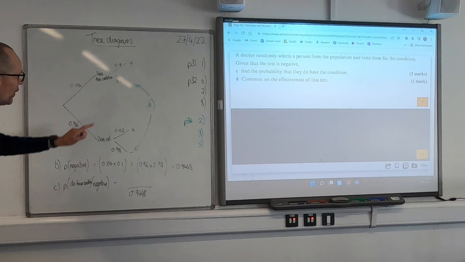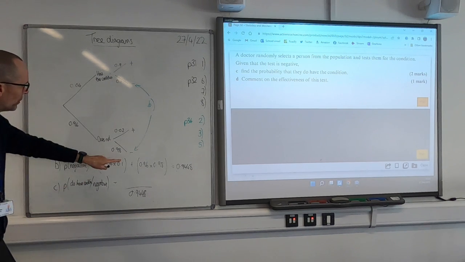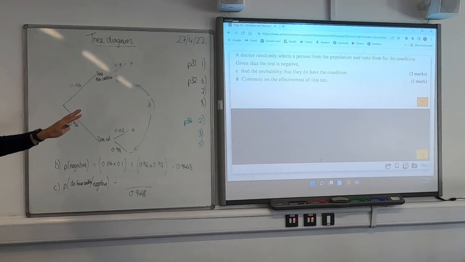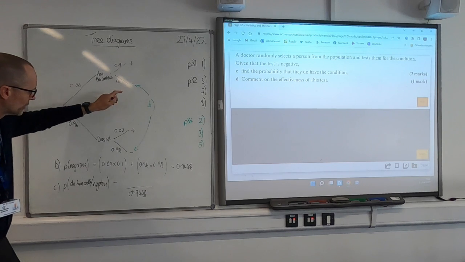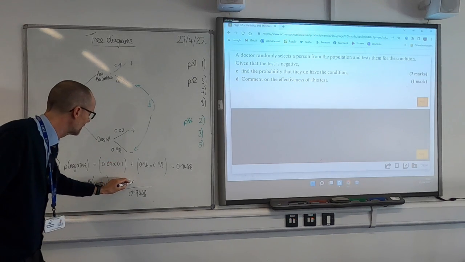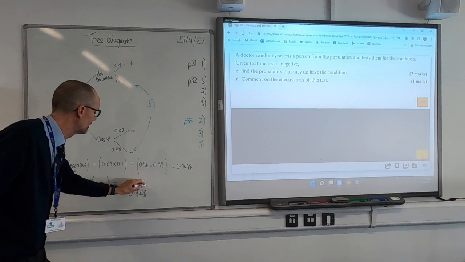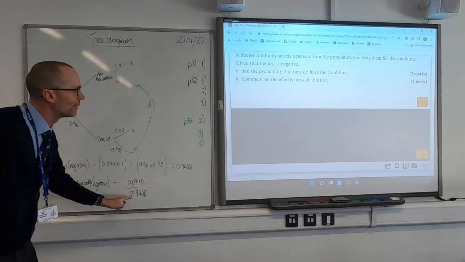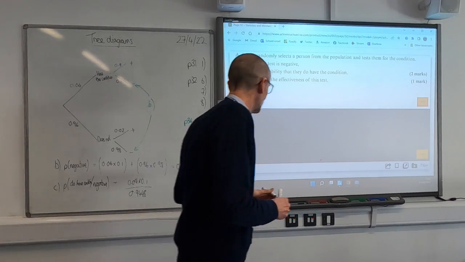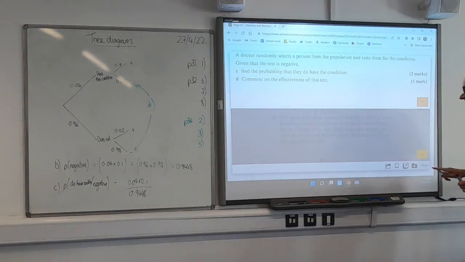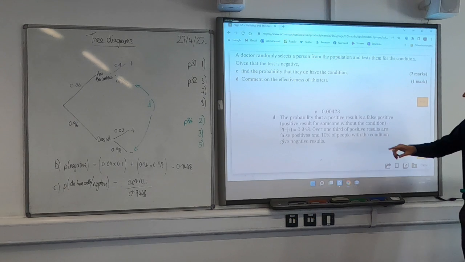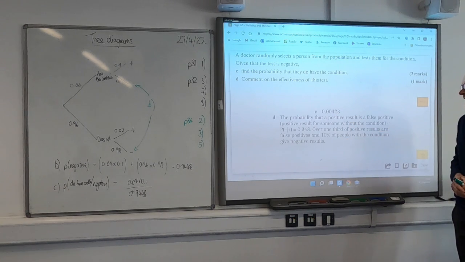Of those two probabilities, what proportion involves actually having the condition? So it's that branch there, that part out of that. What that comes out as is 0.00423.